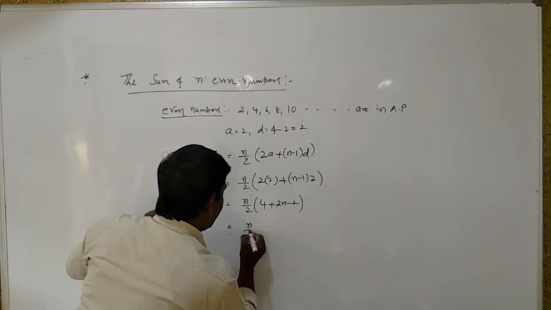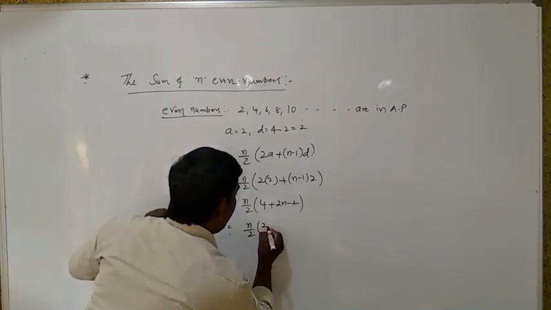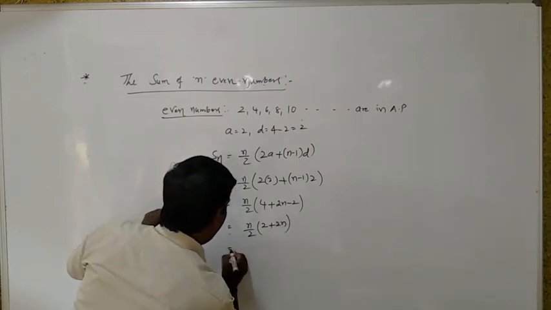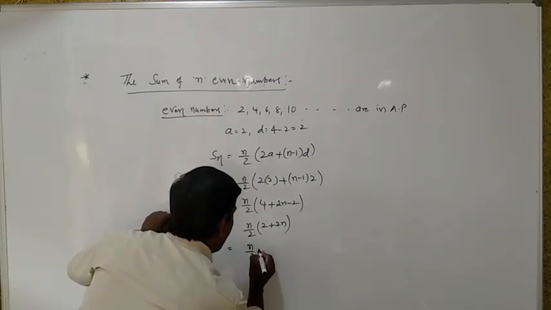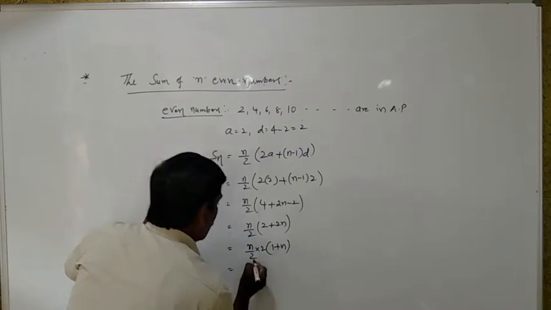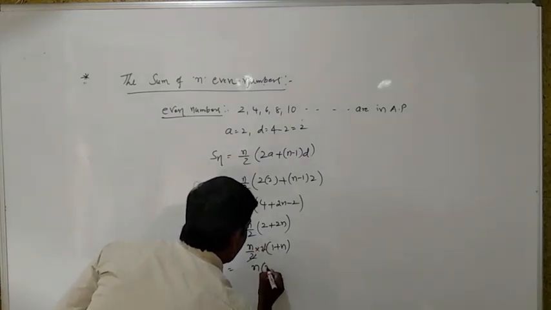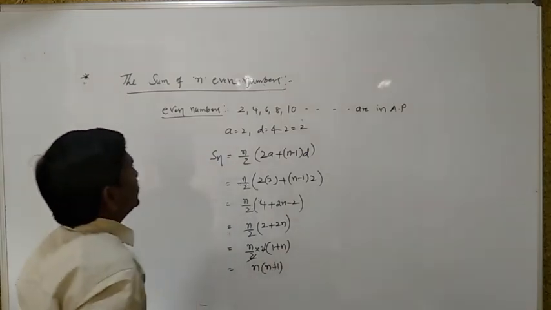That means n by 2, 4 minus 2, 2 plus 2n. 2 is the common one, 1 plus n. 2 cancel, n into n plus 1.